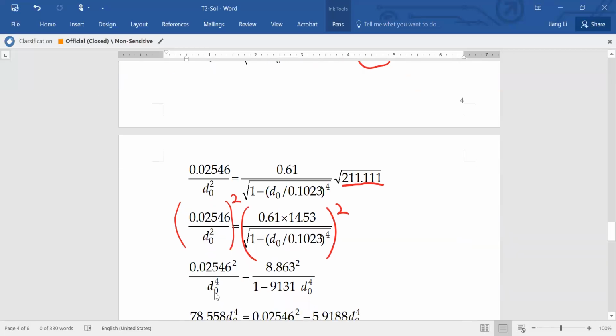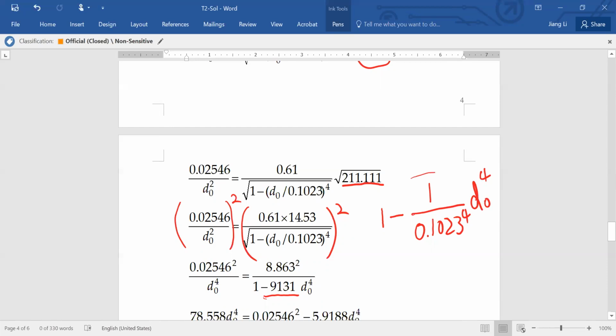So once I take a square, it will be like this below. The below DO will become 4. So on top, I calculate this will be 8.863 squared. Then below here, I will remove the square root. Now what is this 9131? It's from here. It's 1 minus 1 over 0.1023 power of 4, then DO 4.